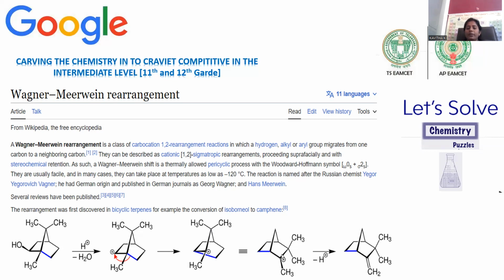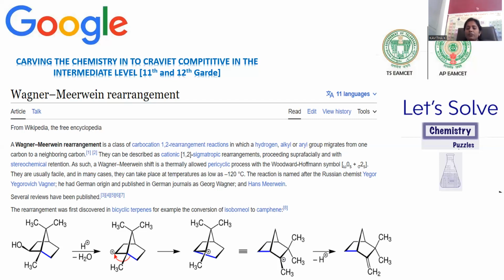For our convenience, we are drawing it like this, and further H plus gets removed. We need to remove one H plus because acid is the catalyst, and a catalyst is not consumed within the reaction; rather it facilitates and drives the reaction faster, right? That's the reason why we again remove the H plus, so that H plus is conserved.